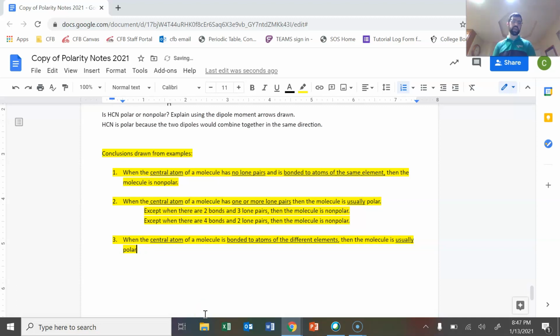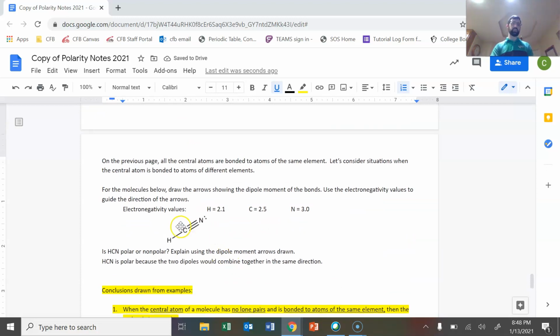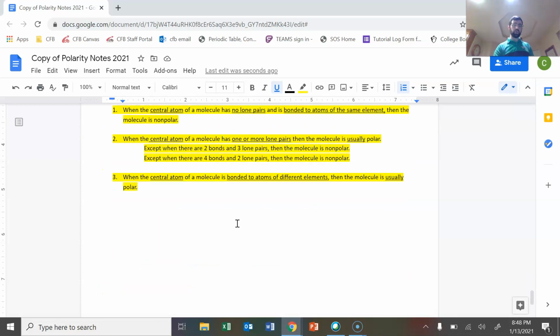You might see some in AP chemistry or in college chemistry classes. But as of right now, if the central atom of a molecule is bonded to atoms of different elements, the molecule is usually going to be polar. So we're talking about something where you've got a central atom and then 2 different outside atoms, 2 or 3 or however many. Usually that's going to be a polar molecule.